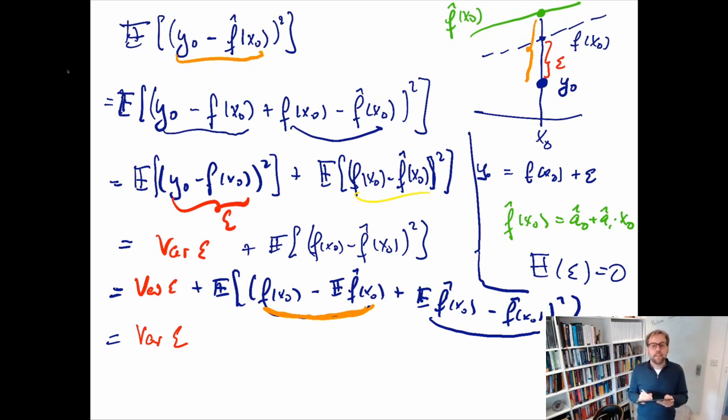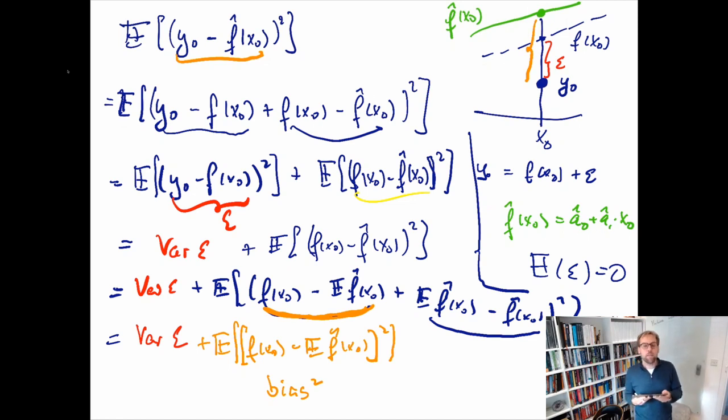But this is exactly the definition of the bias. So the expected value of f of x0 minus the expected value of f hat of x0, this thing squared, is just the bias squared.